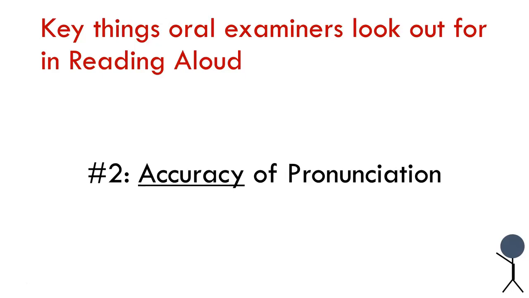So accuracy has to do with the actual pronunciation of the words in the passage, right? So what to do when you are stuck during an actual oral examination, and there are some words you're not too sure of? Do your best. You can break certain words up, and try to use the spelling to figure out the pronunciation, even though pronunciation is actually not dependent on spelling but more on the phonetic symbols.